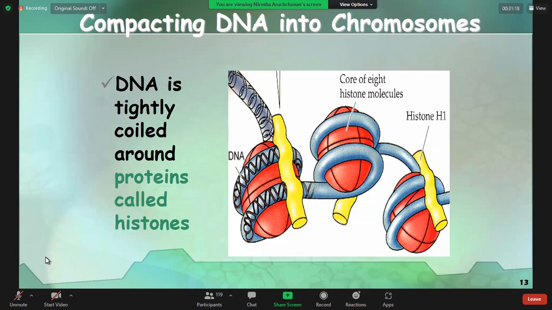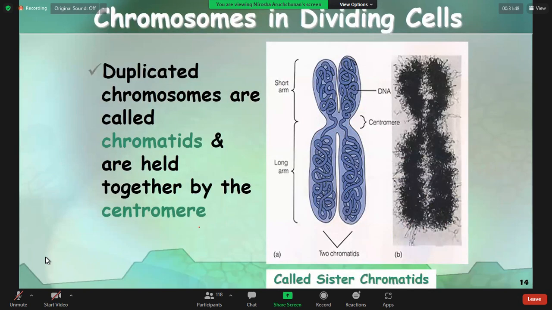Compacting DNA into chromosomes: until now we have discussed the chromosomes and how they are compacted. DNA is tightly coiled around a protein called histone. We already discussed these things, the DNA molecule, histone protein and chromatin, in the nucleus section. And now, how chromosomes perform in cell division.